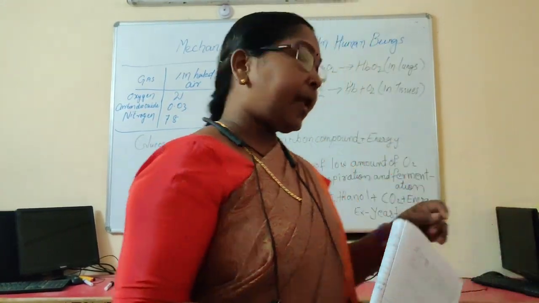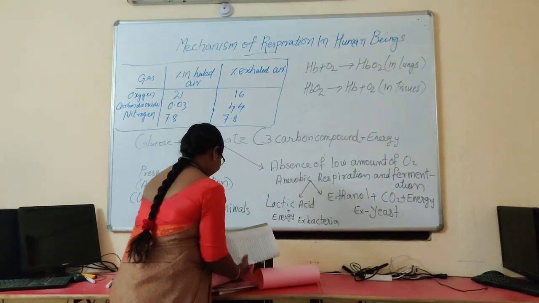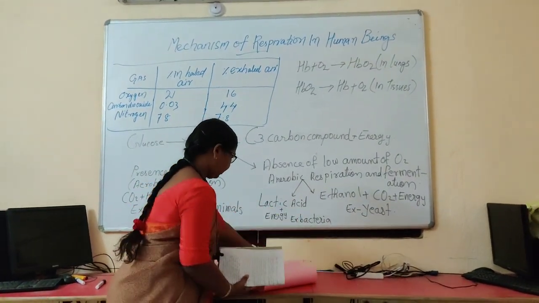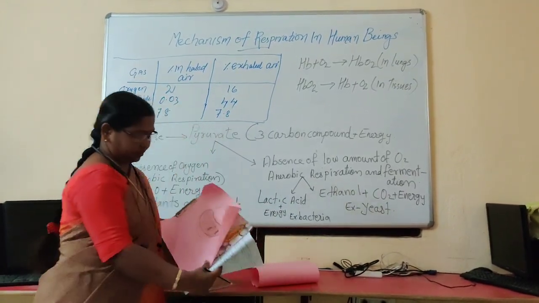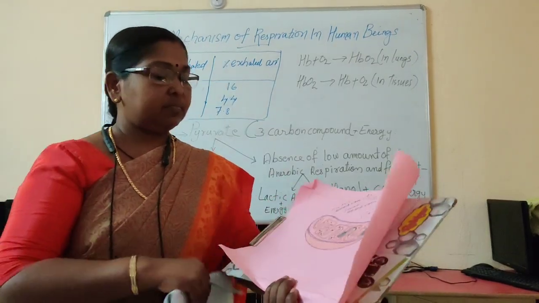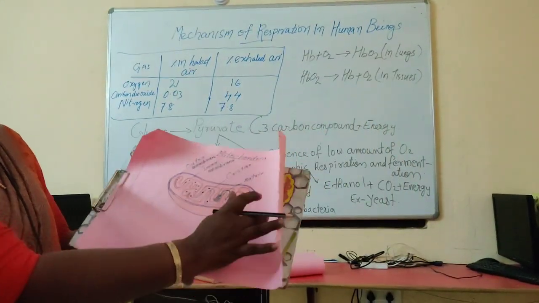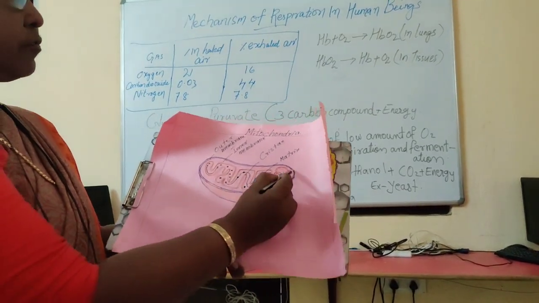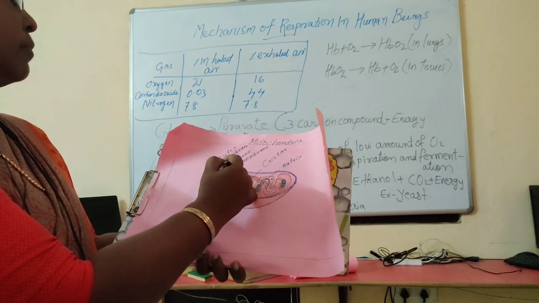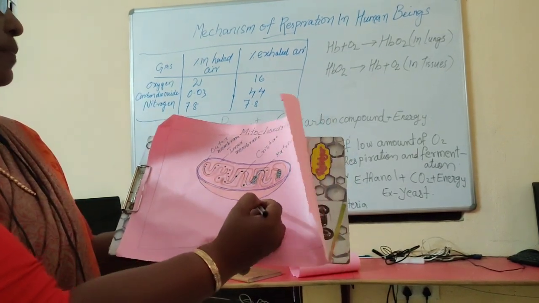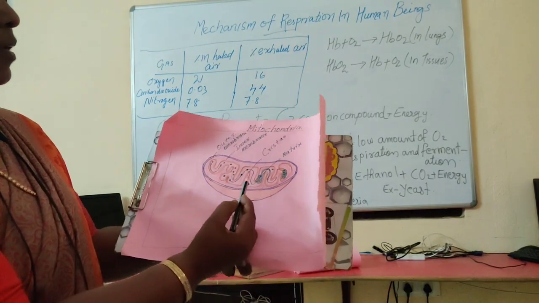I will show the diagram of the mitochondria also. This is the diagram of mitochondria, the structure of the mitochondria. Here the outer membrane is there, and the inner membrane also is there.